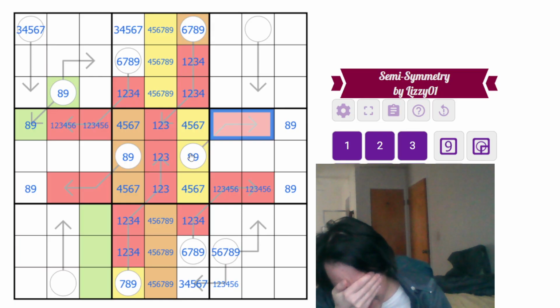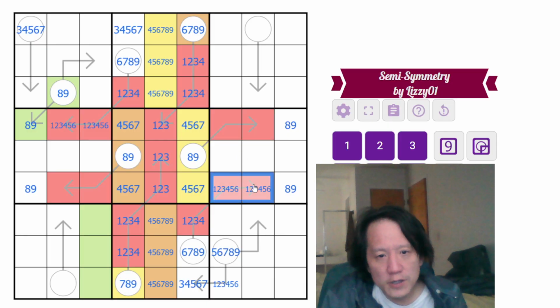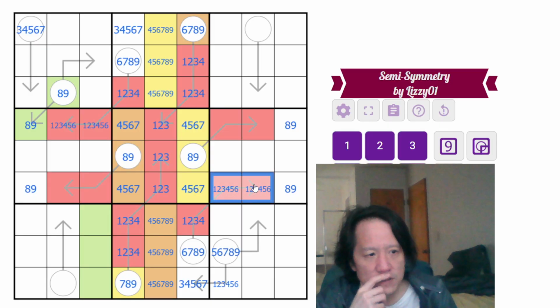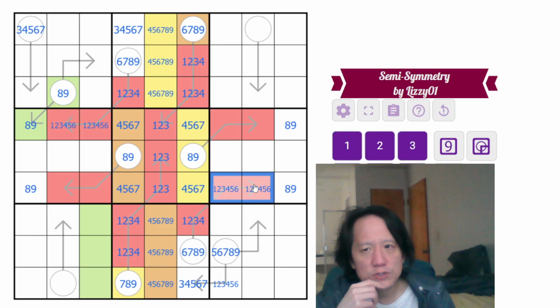Okay, what's the minimum you can have in each row in each of these places? Actually, what's the maximum you can have? Obviously, 1, 2, 3, 6, 7 is the max. So that's 19. That means the other side has to be 15?